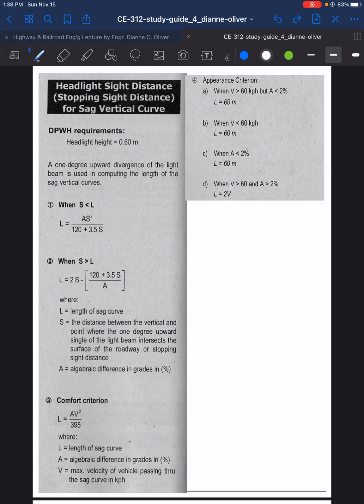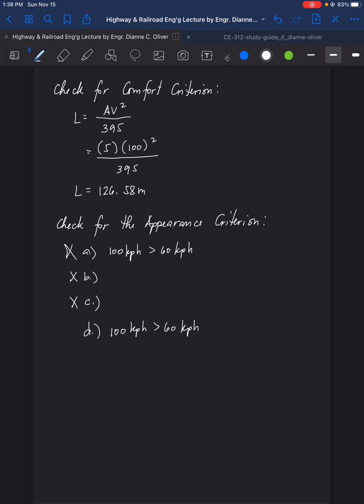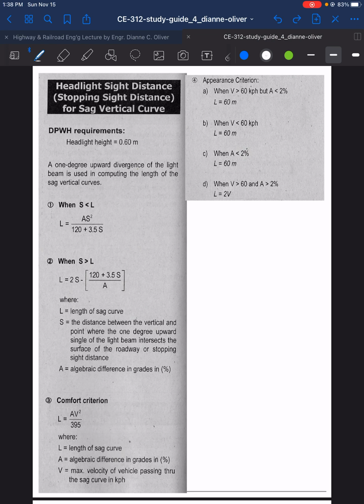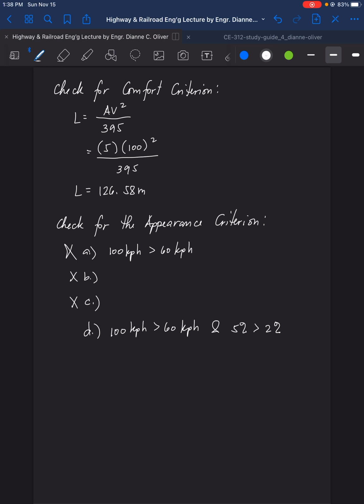And A is greater than 2%, and that is correct. Our A is 5%, greater than 2%. Therefore, we will use L is equal to 2V. Our design speed is 100. Therefore, L is equal to 200 meters.